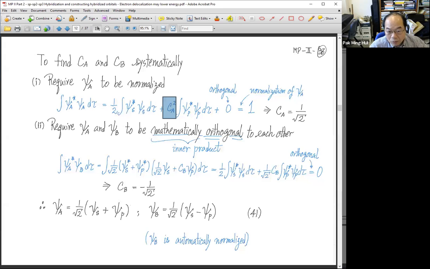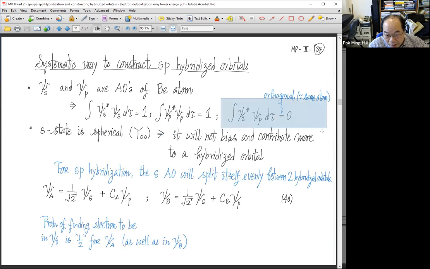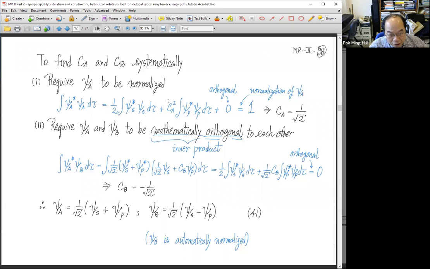This is the unknown. There's a cross term, but because of orthogonality, it is 0. So you can solve for this square, take the square root, and it is 1 over square root 2. All right? Therefore, you know one of the sp hybridized orbitals is this one.